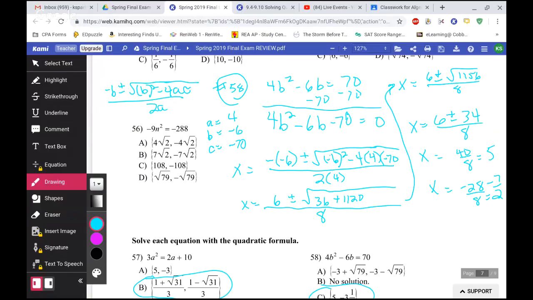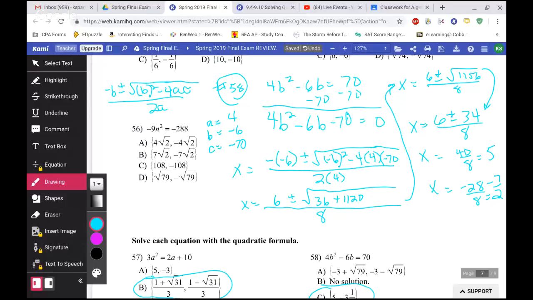And that's where you get the radical answers that we've gotten in the past, like we got on number 57. But in this particular case, it indeed was a perfect square. So the square root of 1,156 is 34. So it's not one of those radical answers like we've had.